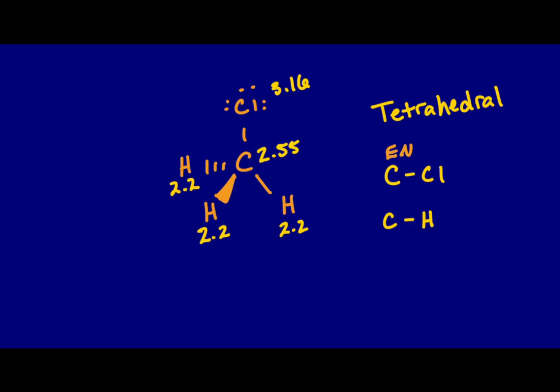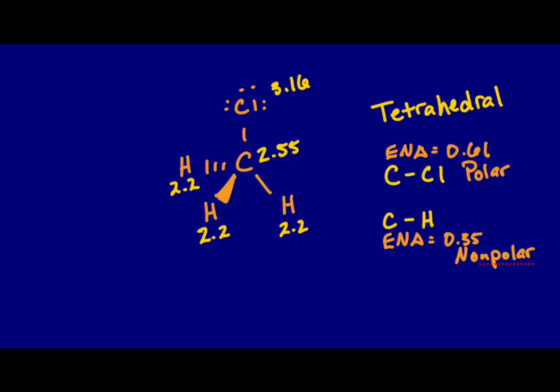So our electronegativity difference for the carbon-chlorine bond is going to be 0.61. And then our electronegativity difference for the carbon-hydrogen bond is going to be 0.35. For carbon-chlorine, that is going to be a polar bond. For carbon-hydrogen, that is going to be a nonpolar bond.